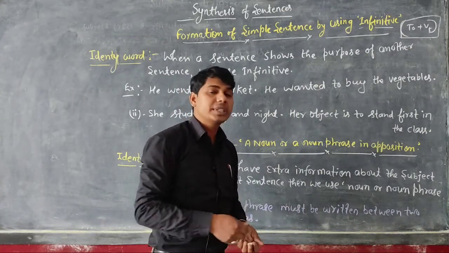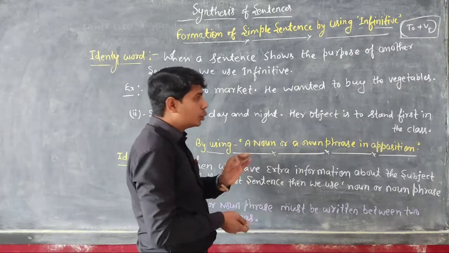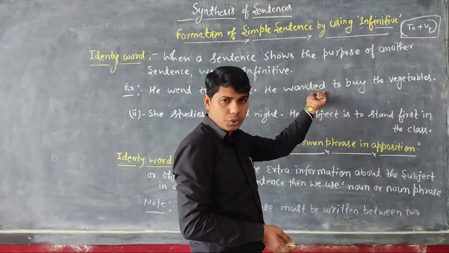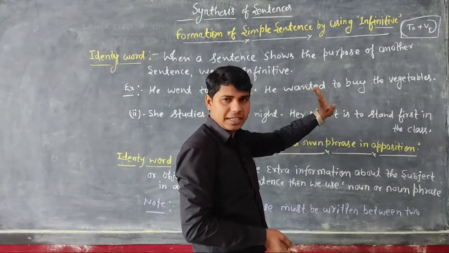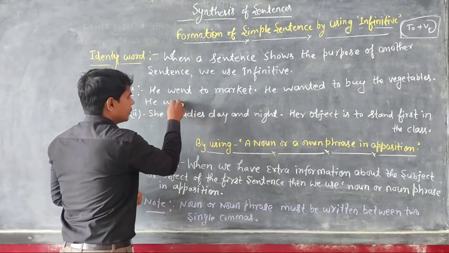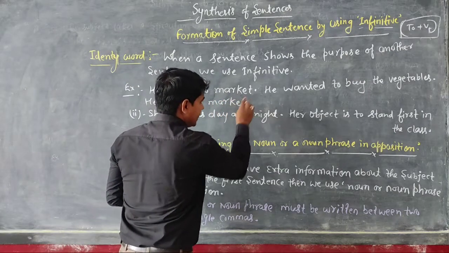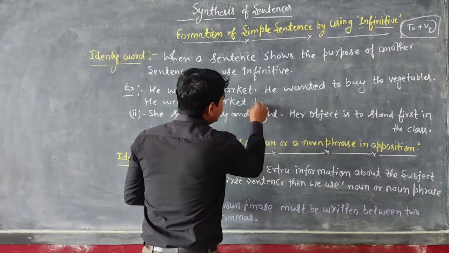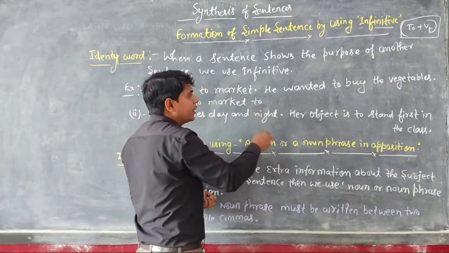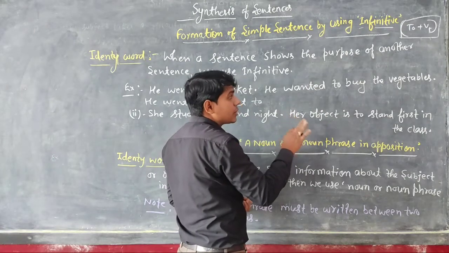So let's see how to synthesize. Very first, we do not start with the sentence that shows the purpose. So you will start from this one: He went to market. And after that we use to, to form the infinitive. After to, we mention the base form of the verb from the sentence that shows the purpose.